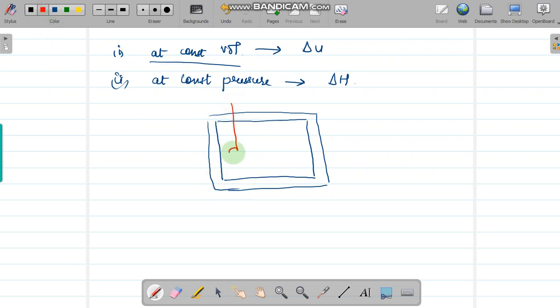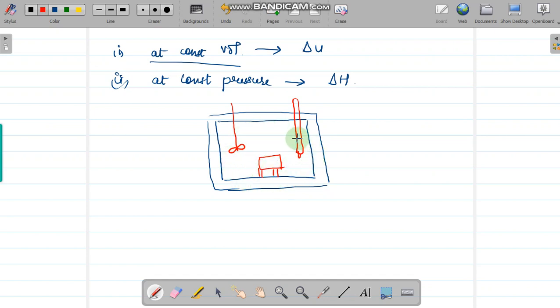In this, we have the stirrer, a thermometer, and another unit. Now, this type of calorimeter is basically employed for determining the heat changes along the chemical reaction taking place in the solution.